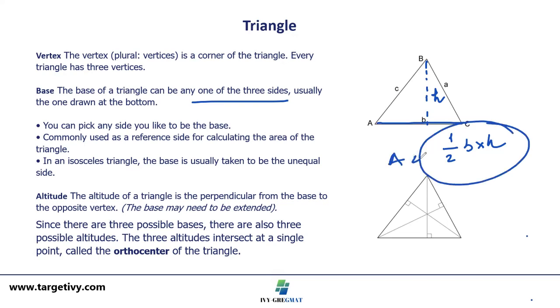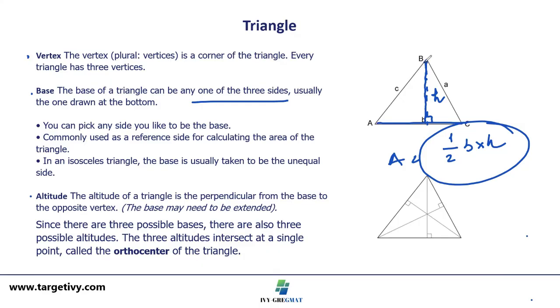So the next terms: vertex, base, altitude. The altitude of the triangle is the perpendicular from the base to the opposite vertex.